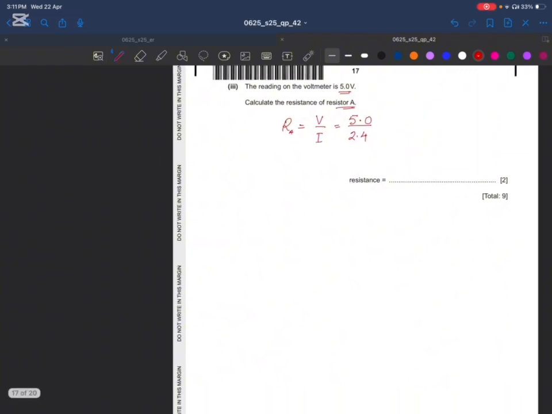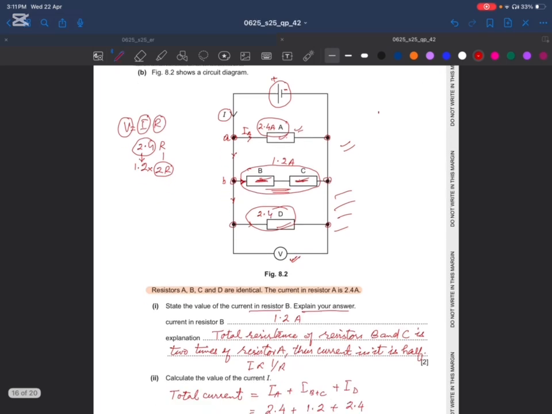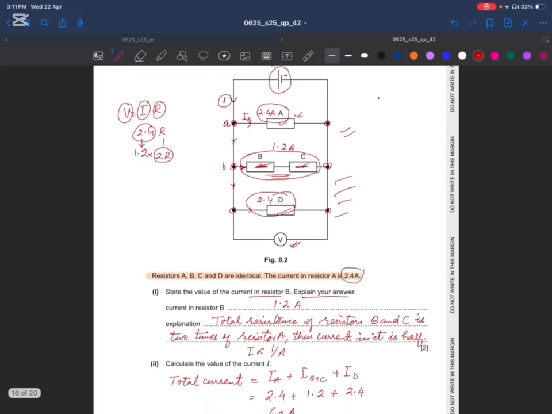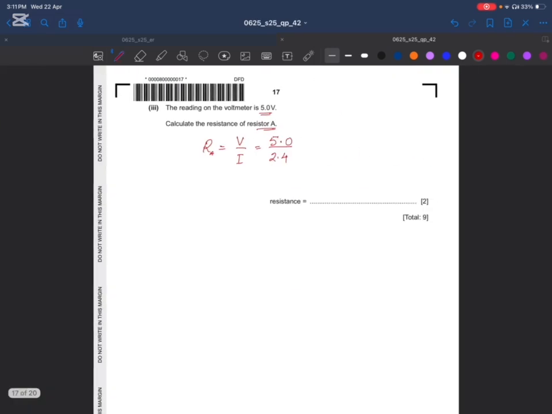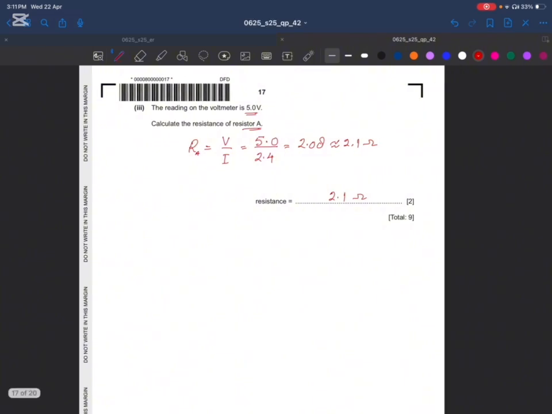Actually, it's not calculated, it's only given over here. So you need not calculate anything, but obviously you have to calculate R, which is 2.08, or in two significant figures, you can say it is 2.1 ohm. So 2.1 ohm is the result. Okay, so this is what you have as far as question number 8 is concerned.